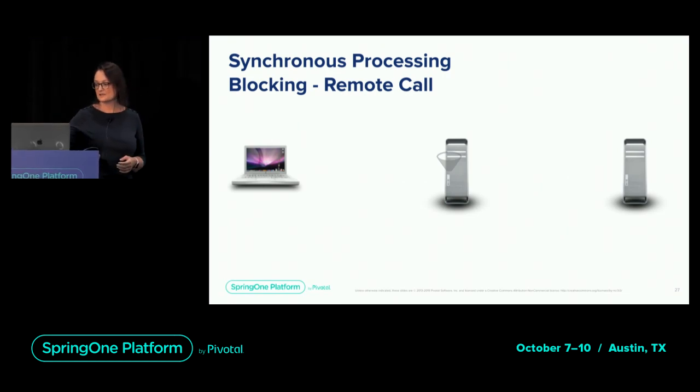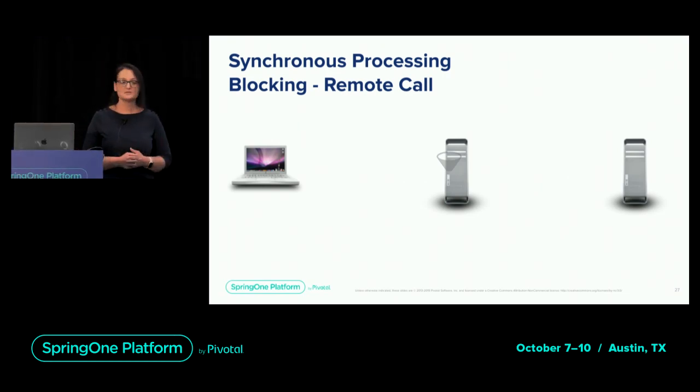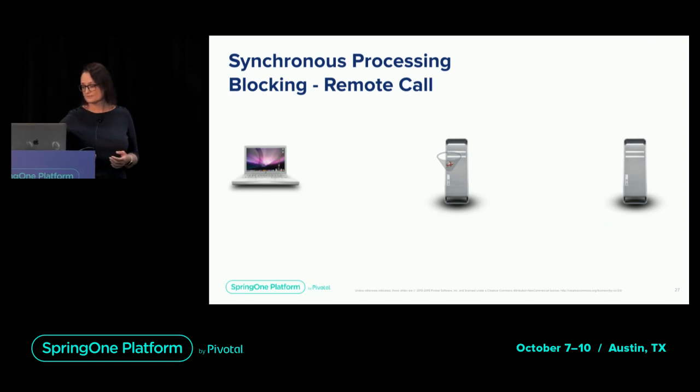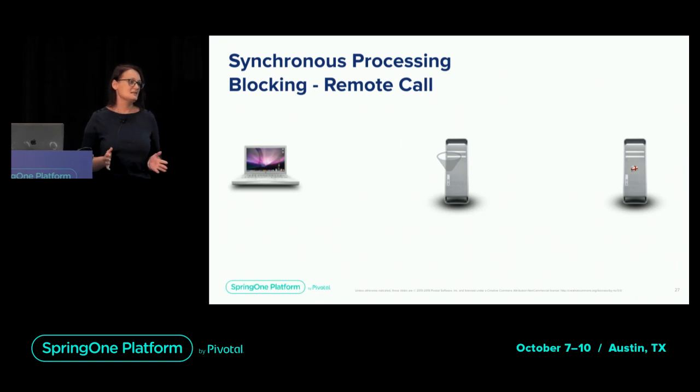And what happens, and actually we will go first for the remote calls because they are really interesting. When the request comes to the server, we first acquire a thread from the server's thread pool. In that thread, we read the request, process the data, and write the response. And what happens when we want to do a remote call? In the processing phase, we block this thread and wait for the remote system to return a response.